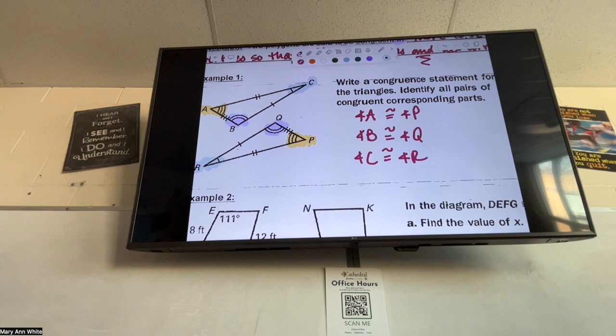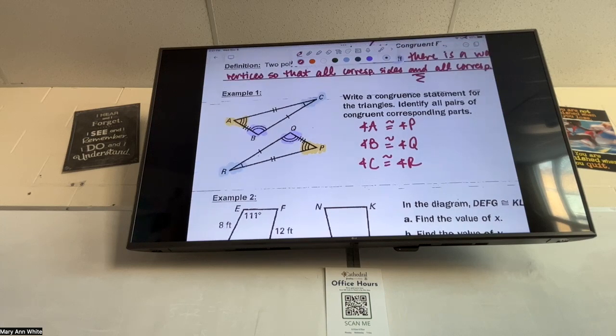Okay, awesome. Now we're going to do sides, okay? And today it matters what order you write the letters in. So when I write AB, I'm very intentional about writing A first and B second. What side is congruent to AB? Why do I want it to be PQ, Gia?